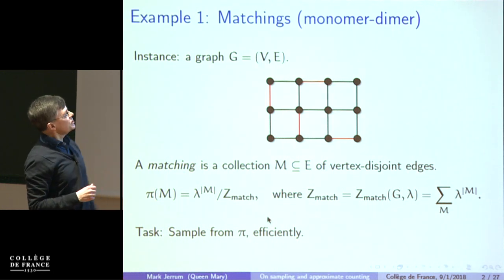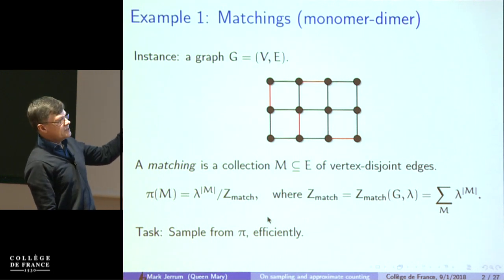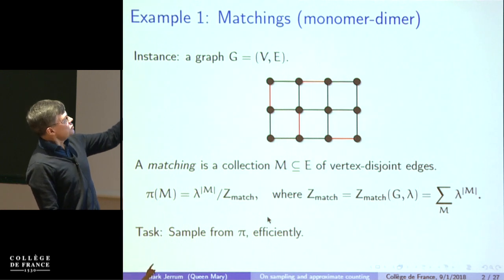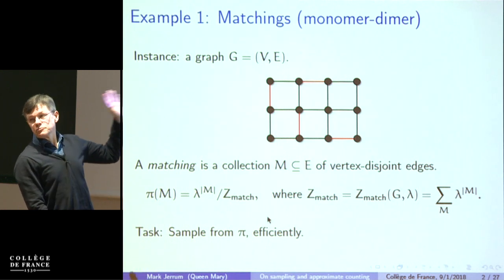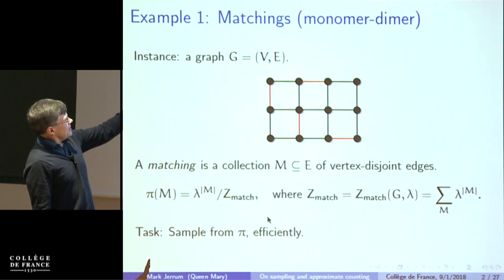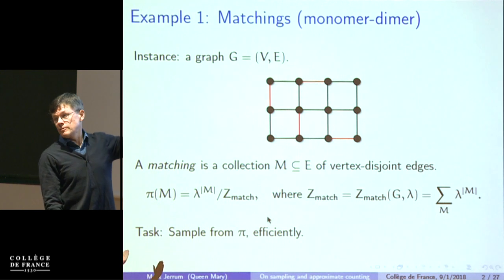But it's more interesting, and this is the situation in physics, to give weights to these objects. So for each red edge, we count lambda, where lambda is a real number, or maybe a complex number later. So the total weight of that configuration there is 1, 2, 3, 4, lambda to the power 4.